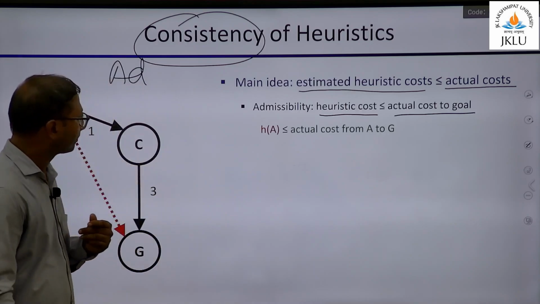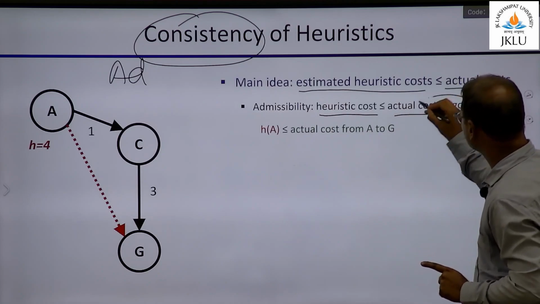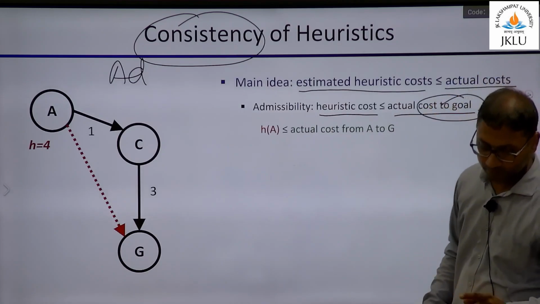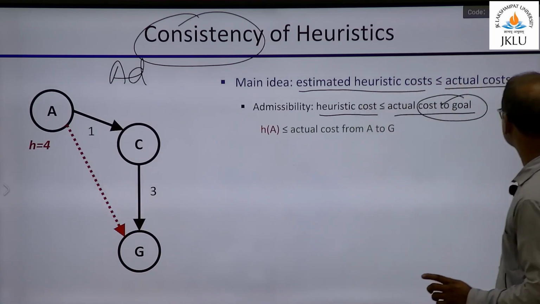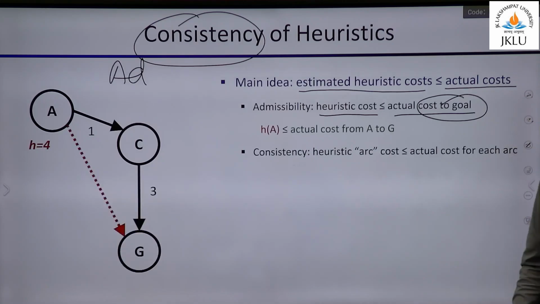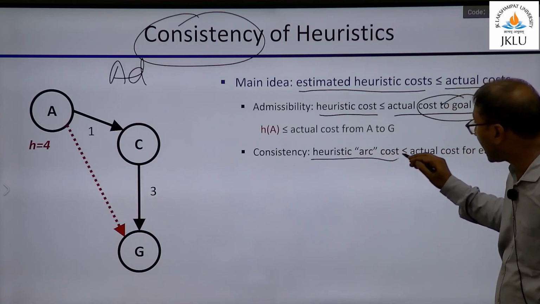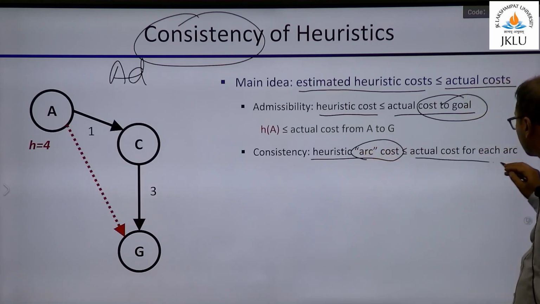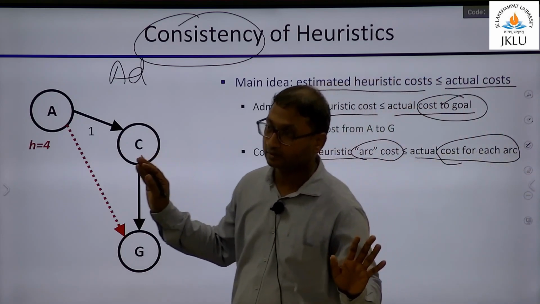Okay? Admissibility is heuristic cost less than actual cost to goal. Write this down. It's an important thing, I will ask, and then the matter will be done. Consistency is that heuristic arc cost has to be less than actual cost for each arc. If you remember this, you are done.